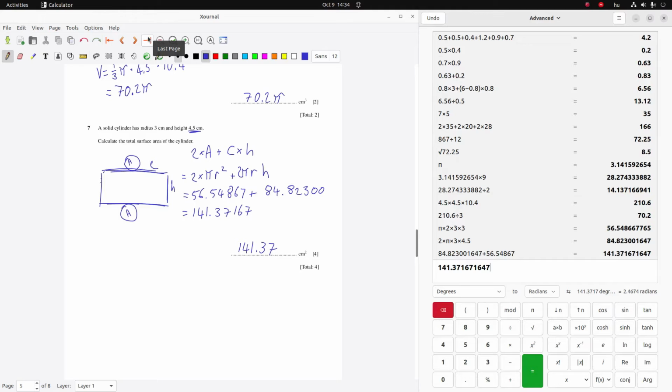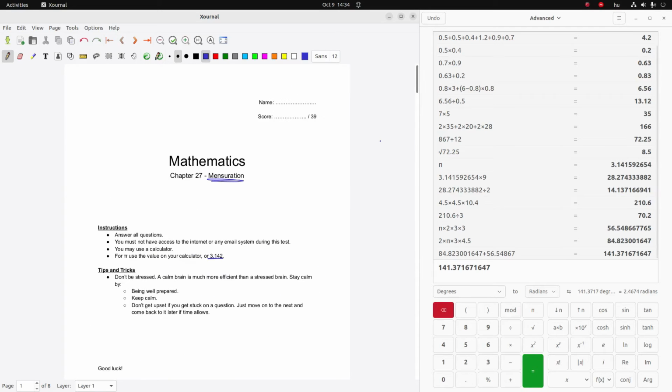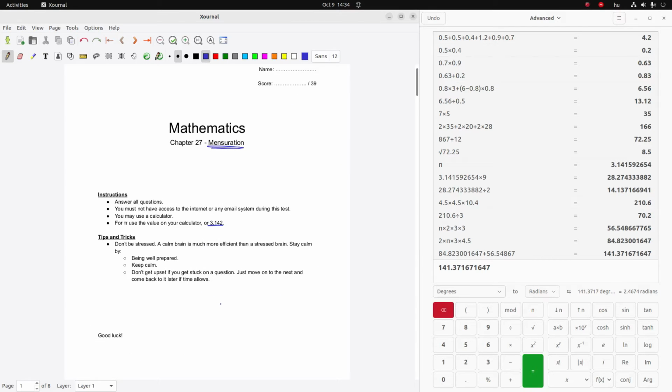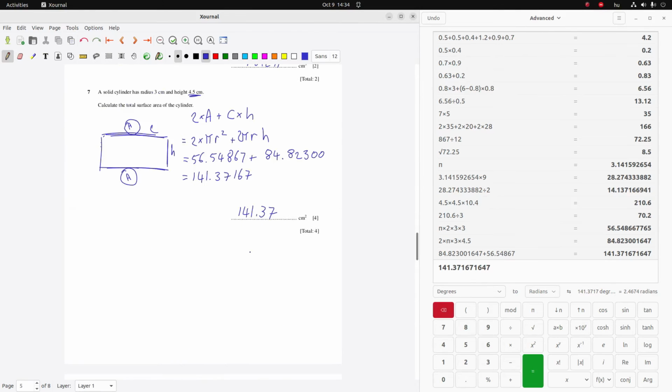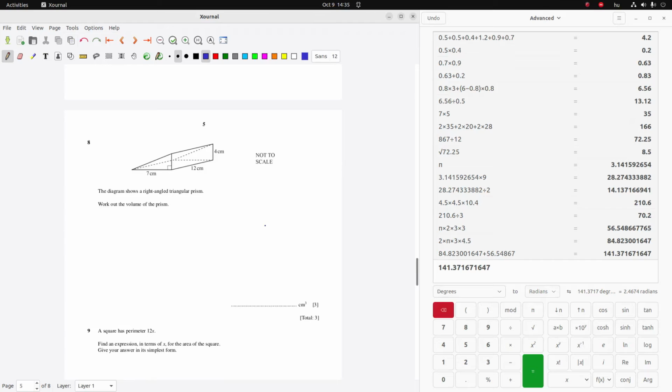Normally the exam would tell you exactly how many decimal places you need on the front page, but I didn't do that in this case. So let's just use our common sense, and we just leave 2 decimal places. Should be fine, right? Okay, next question.